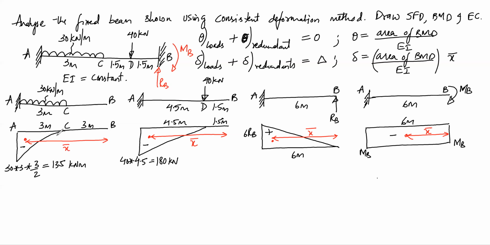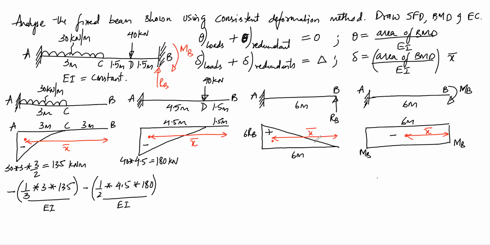Now we can apply our consistent deformation equations to each of these BMDs. So for the first BMD, if I'm applying the first consistent deformation, that is theta is equal to area of BMD divided by EI. For the first BMD, it will be minus 1/3 base into height divided by EI. And for the second BMD, it will be minus half into base into height divided by EI.